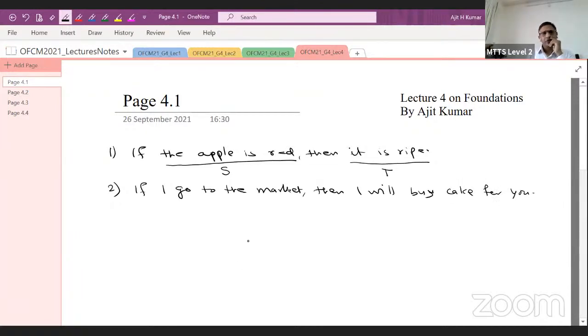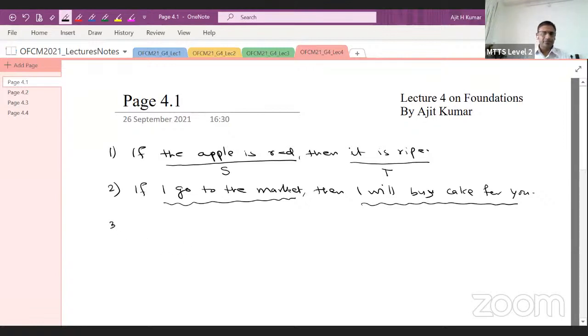This is again very similar. Here, I go to the market is one statement, and I'll buy cake for you is another statement, and it is a combination of these. Here again, if this is true, then this is true. If I go to the market, then I'll buy cake for you.